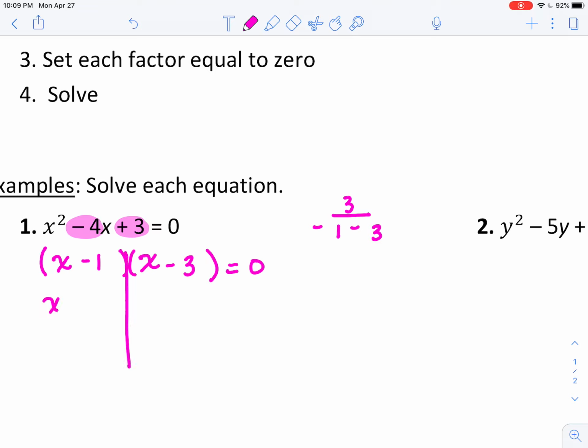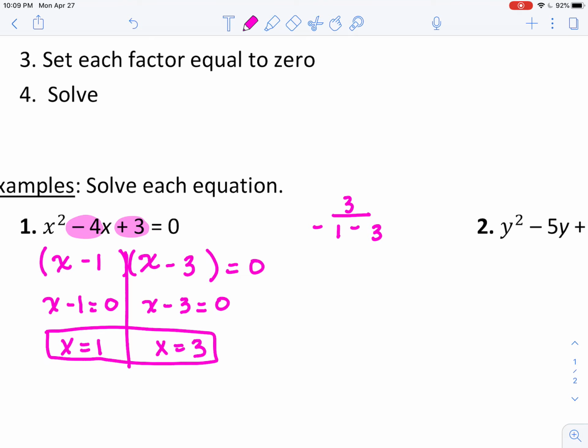Then we're going to set each factor equal to 0. So x minus 1 equals 0, or x minus 3 equals 0, and solve each equation. So x might equal 1, or x might equal 3. These are our final answers.